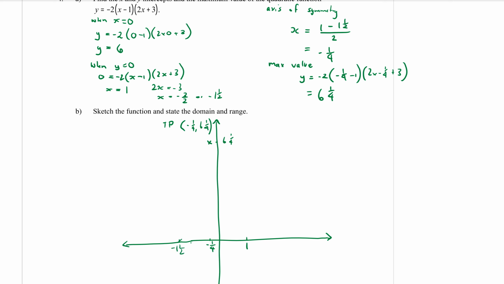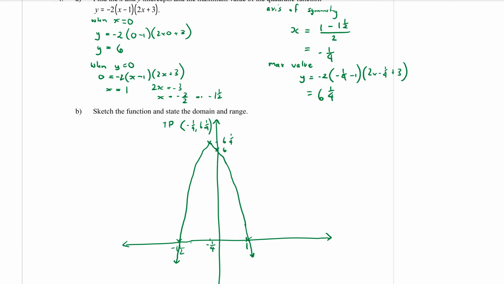So there and there. So from the turning point, we're coming down through here. I didn't put my y-intercept on there yet. My y-intercept was at 6. The turning point is not always the y-intercept. There it is at 6. So it's going to come down through the 6 and through that other x-intercept. There it is.